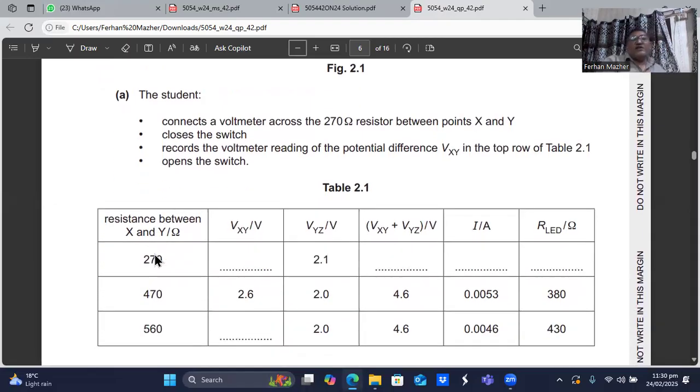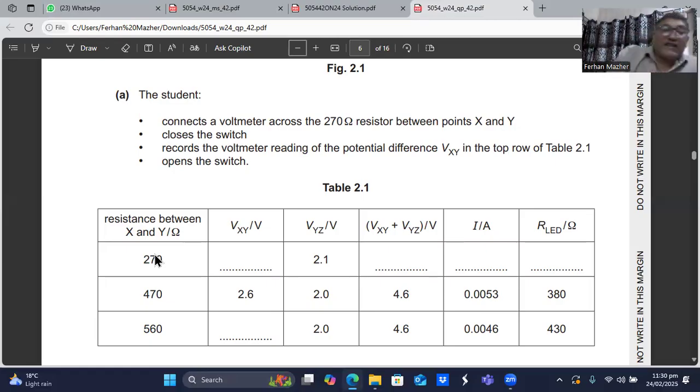It says the student connects a voltmeter across the 270 ohm resistor between the points X and Y, closes the switch, records the voltmeter reading of the potential difference in the top row of table 2.1, and opens the switch.